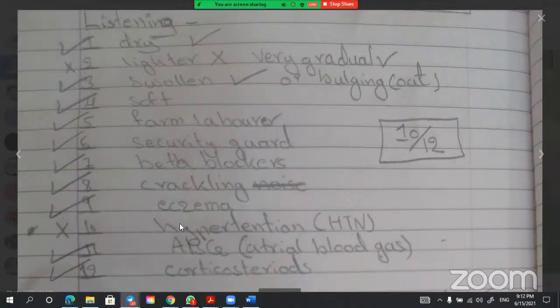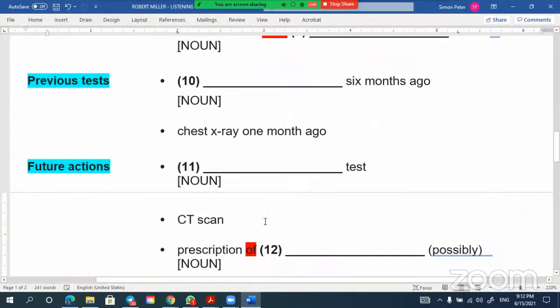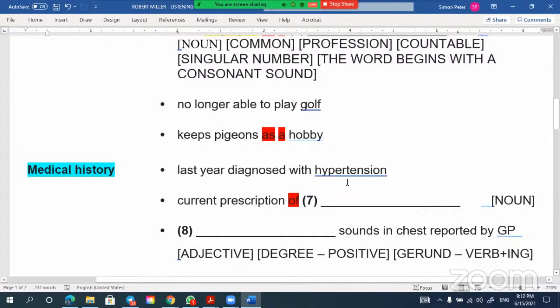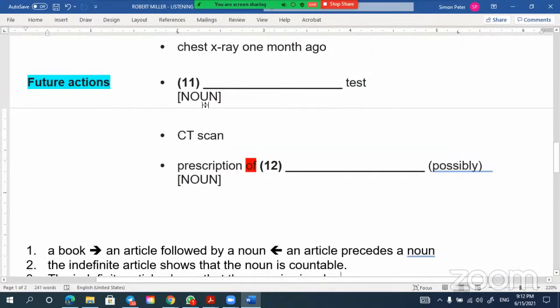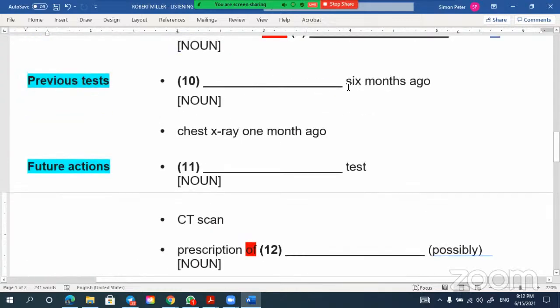Which one? Question number 10. Hypertension is already given, discussed earlier, no? So let me check. Last year diagnosed with hypertension. Okay. We want to know this one. Okay, fine. 6 months ago.